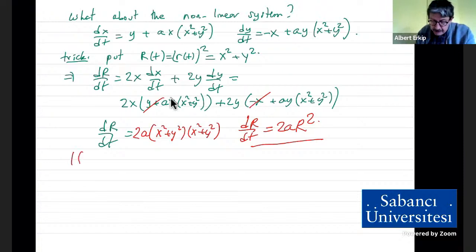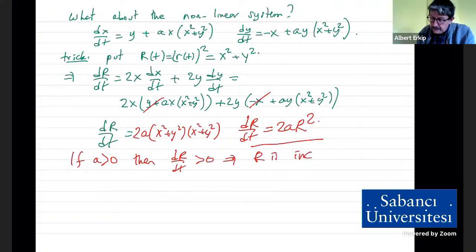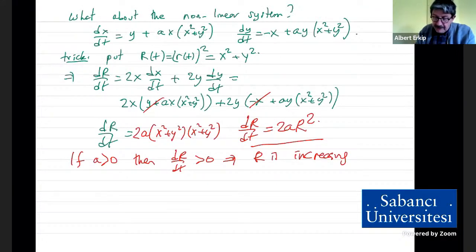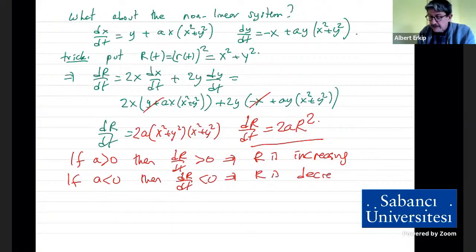Now, if a is positive, then dr dt is positive, which means r is increasing. If a is negative, then dr dt is negative, which means r is decreasing.